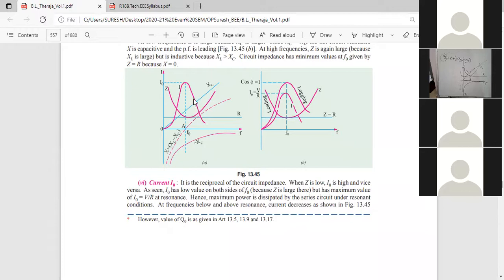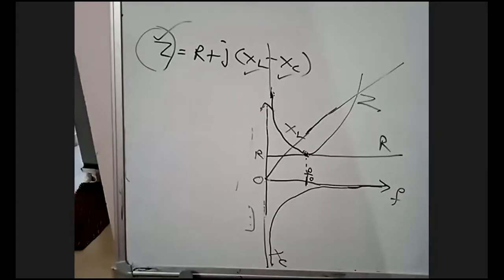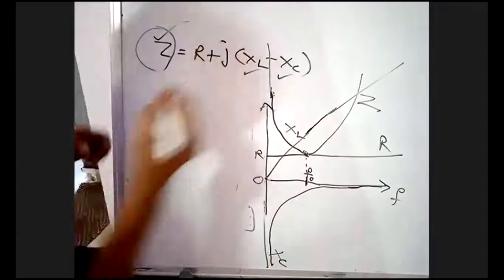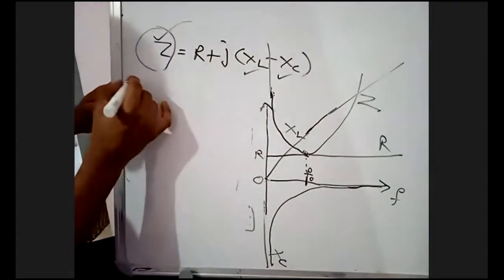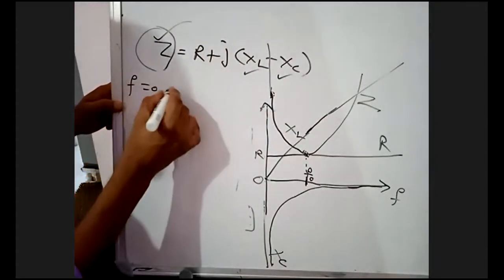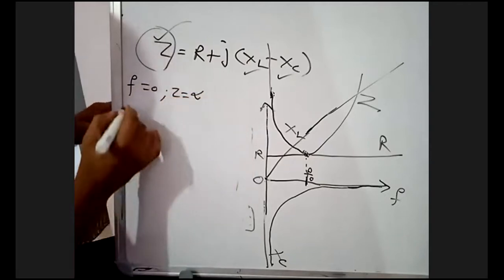Now I want to draw the curve for current I. I want to draw the current for XL minus XC. See, I will draw the curve. Now I will draw the curves for I. At f is equal to 0, what is Z? We got infinity.